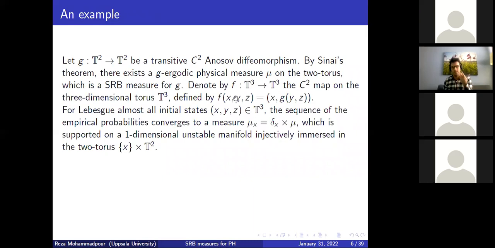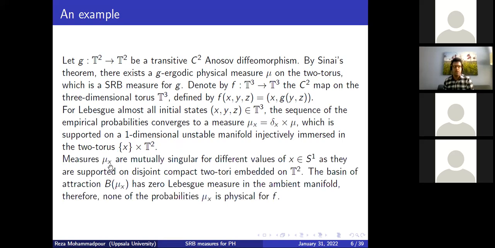To be more precise, consider this map f from T^3 to itself, I mean on the three-dimensional torus, defined by f(x, y) = (x, G(y)), identity times the map G. One can see that the sequence of empirical probability measures always converges to a Dirac point times the measure μ, where μ is the physical SRB measure, which is supported on the one-dimensional unstable manifold, injected in the torus. I mean, a point times a two-dimensional torus.